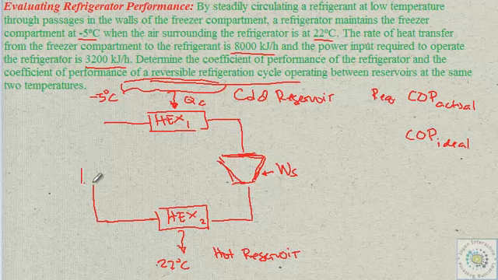A throttling valve essentially reduces the pressure, because after the compression process it is high pressure, and after this valve it is low pressure. That's why the refrigerant will be cooled below -5, and that's why it's able to absorb heat from the -5 cold reservoir.